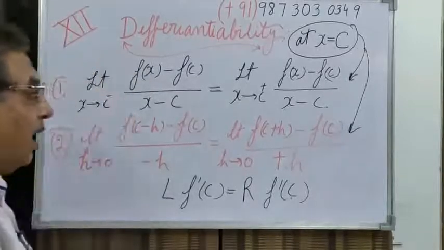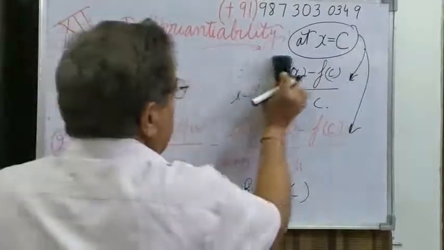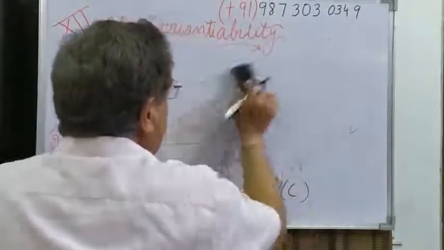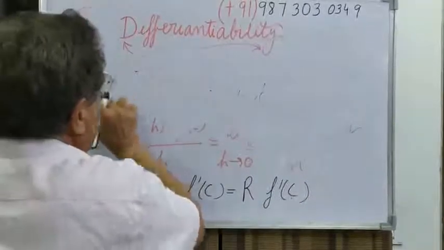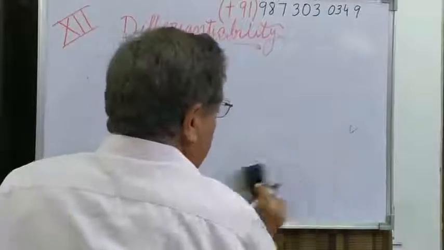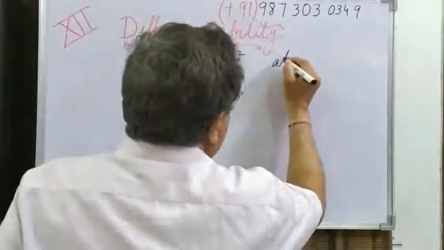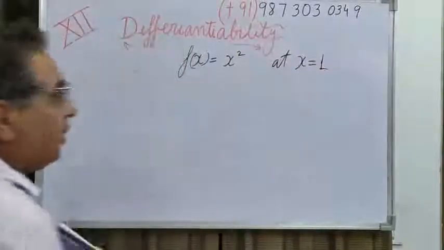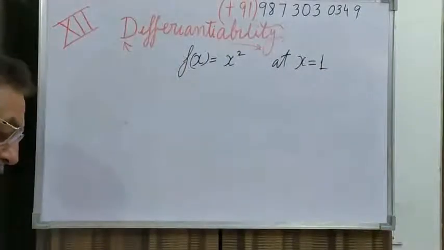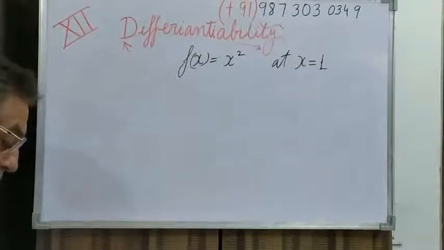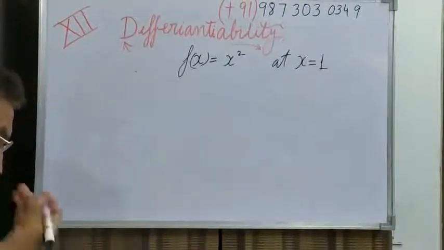We have been given f(x) is equal to x square, and we have to see whether it is differentiable or not at x is equal to 1. This is what the question is.